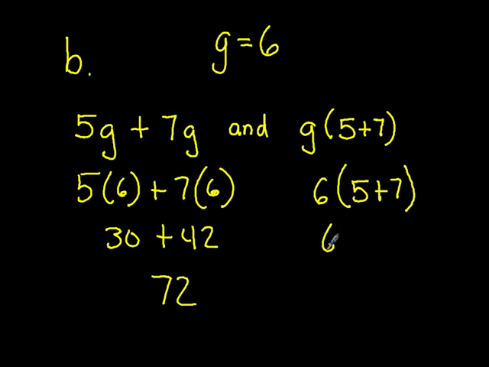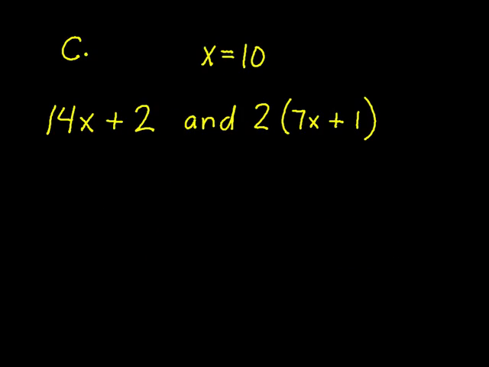On this side, I have 6 times 12. And of course, 6 times 12 is 72. Letter C, x equals 10. So again, we'll substitute these in.